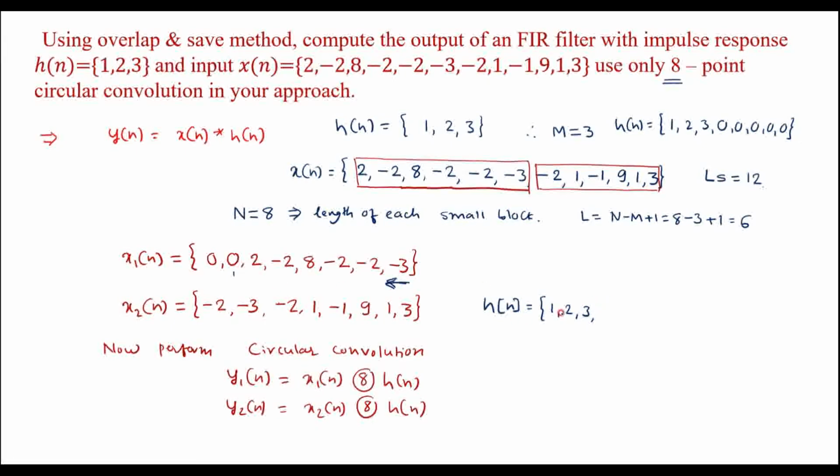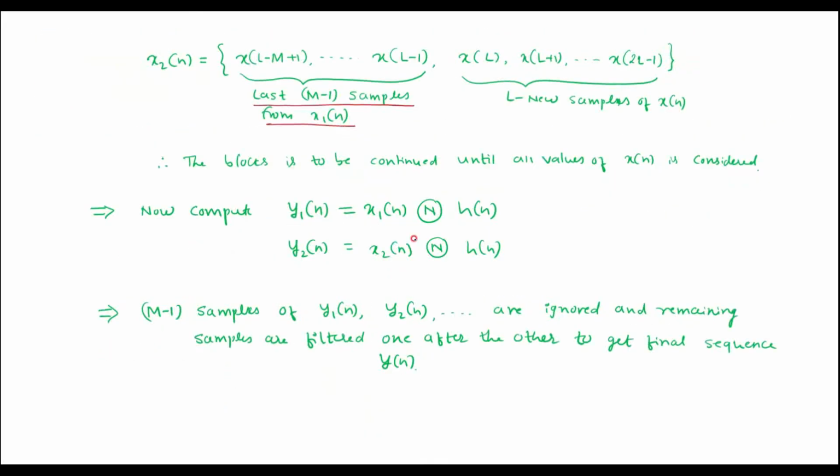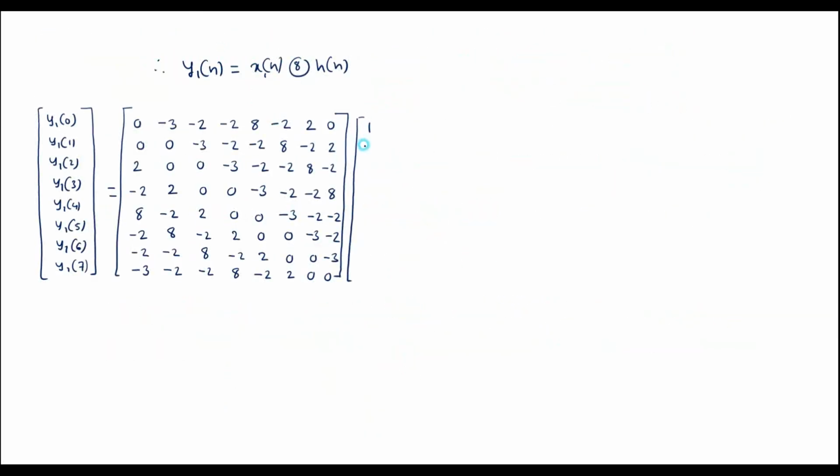Here the length of h of n is 3, it's supposed to be 8, so add 5 zeros, that is we are supposed to add m minus 1 zeros, that is 5 zeros. Therefore now the rest of all values are 0. Now perform the matrix multiplication between these two blocks.